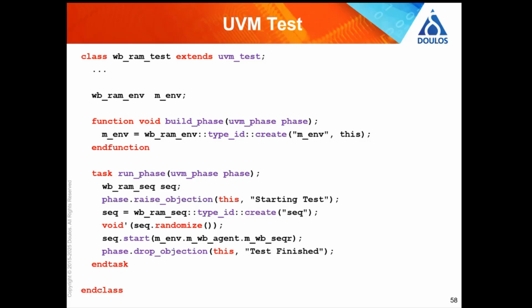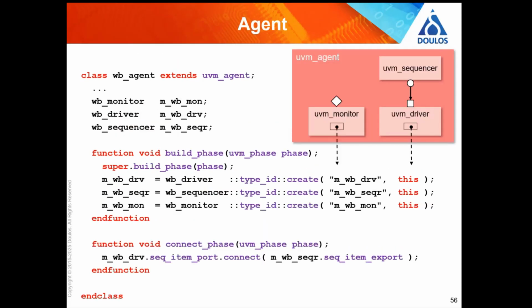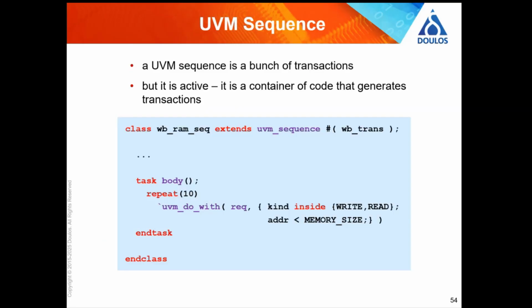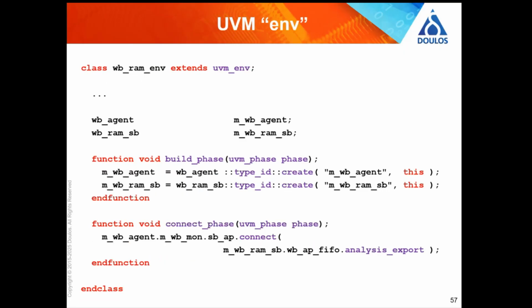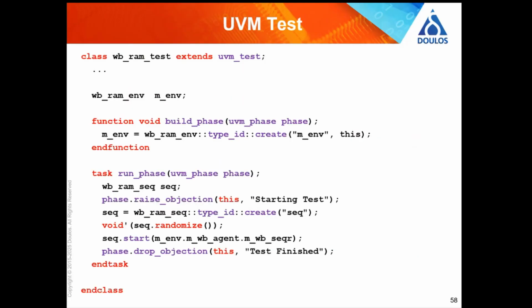So we've got a sequence. WB RAM sequence was the name of our sequence here. You can see that class WB RAM sequence. So we're doing the same kind of stuff. We're creating it. Ignore the objections; you need that, but I haven't got time to go into that. We're creating the sequence, we're randomizing it, so that needs doing, and then we're starting it running.